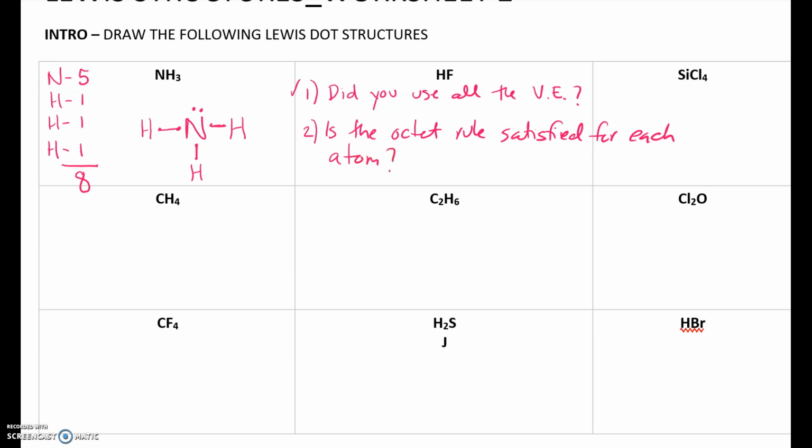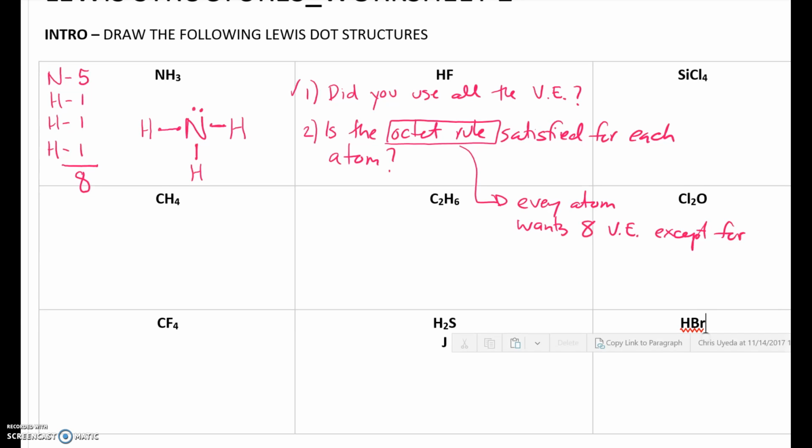And remember, the octet rule states that every atom wants 8 valence electrons, except for hydrogen and helium, which want 2.